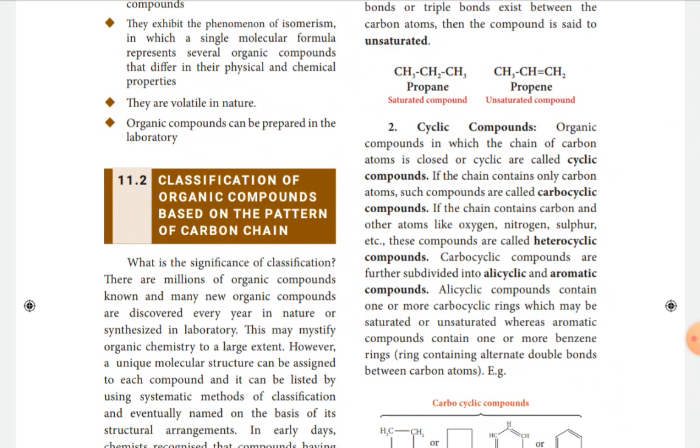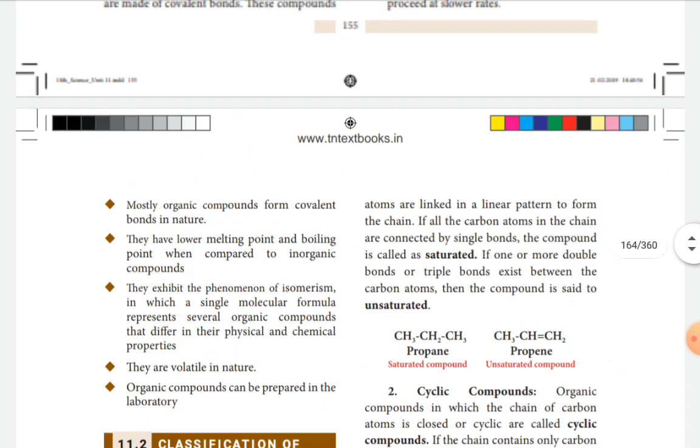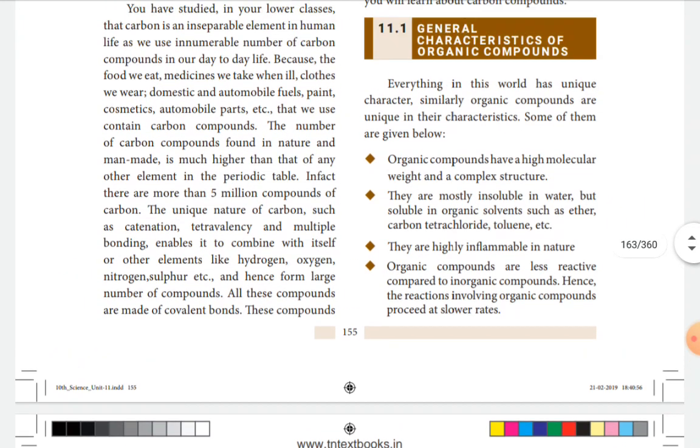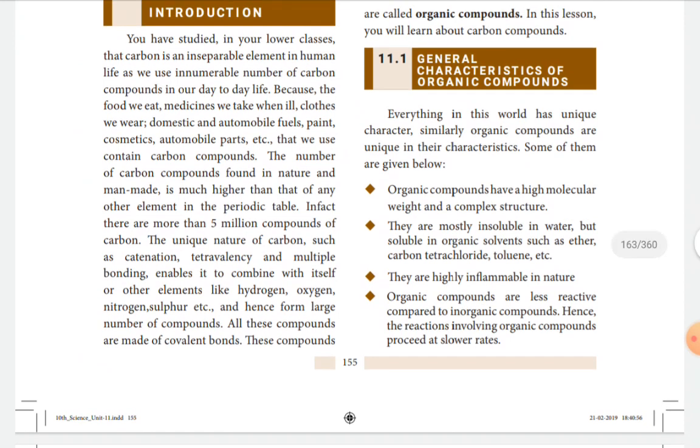So these are some of the general characteristics of organic compounds. First one: high molecular weight, complex structure, insoluble in water but soluble in organic solvents, and highly inflammable, easily combustible. Then less reactive, and the reactions are at a slow rate.